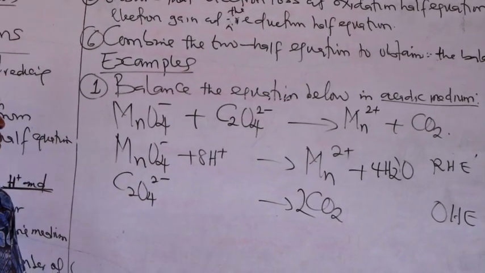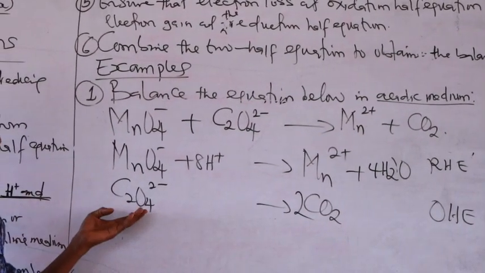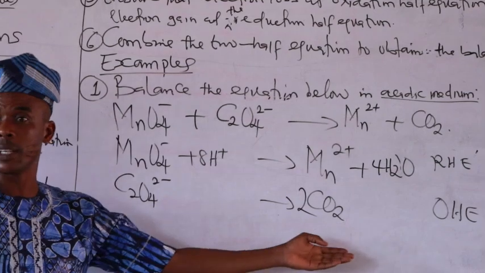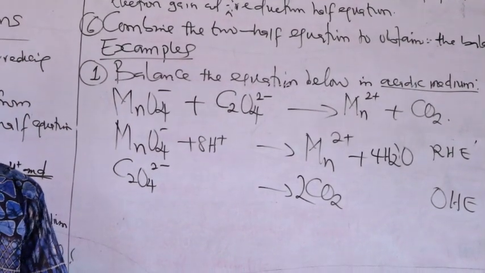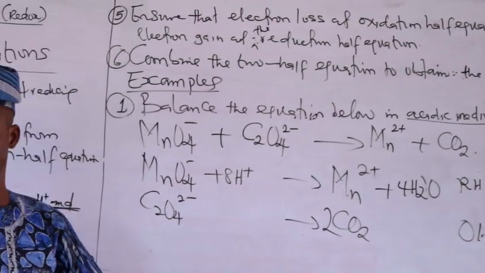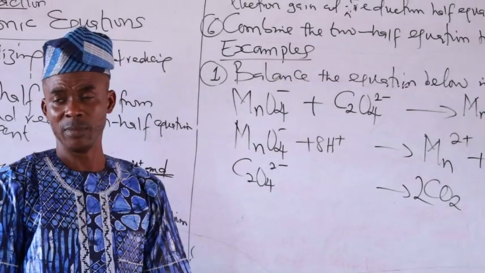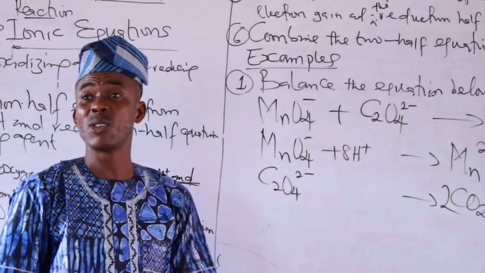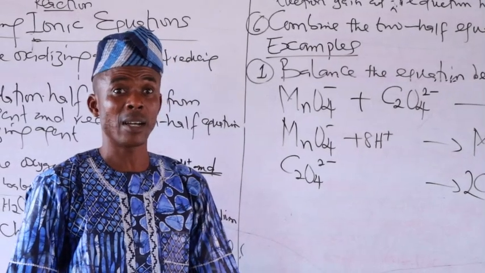Before we talk of oxygen atom at all, how many oxygen atoms do you have? How many do you have here? Are we adding water molecule and hydrogen ions? Because there is no difference in the oxygen atoms. It's only when there is a difference in the oxygen atoms that you are going to add hydrogen ions and water molecules.